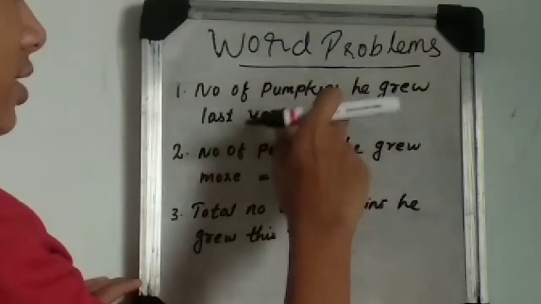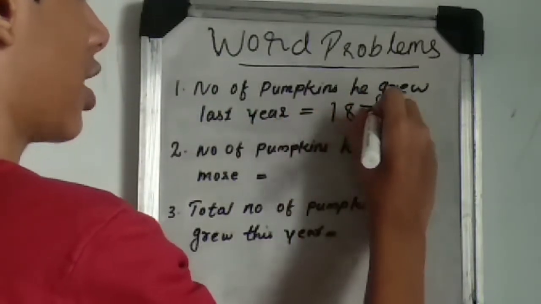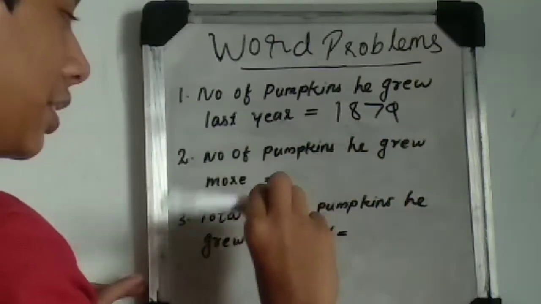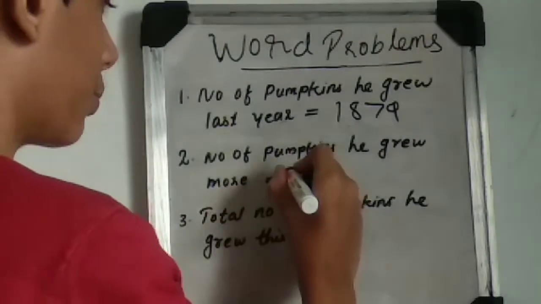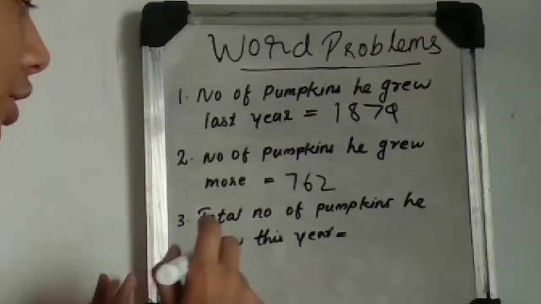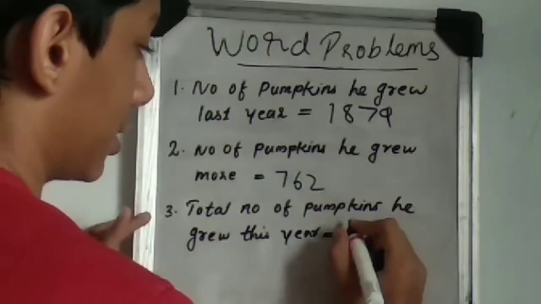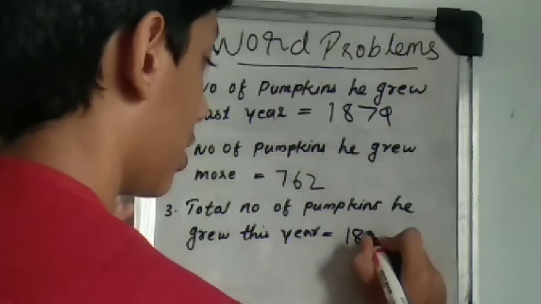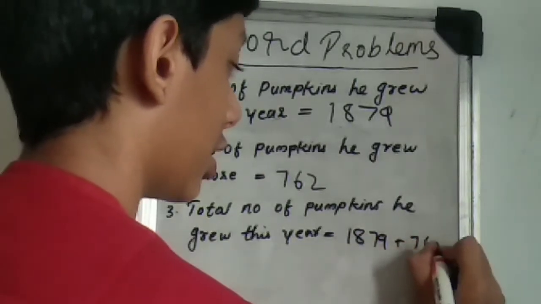Number of pumpkins he grew last year: last year he grew 1879 pumpkins. Number of pumpkins he grew more: he grew 762 more pumpkins. So for the total number of pumpkins, we have to add these both numbers. That are 1879 plus 762.